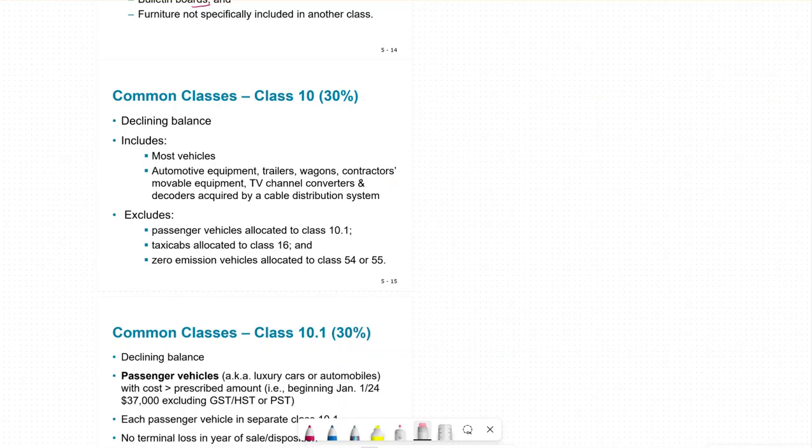If excluded, they go under class 10.1, and that is also 30%. If you own a taxi cab, then your asset will go under class 16. Any zero emission vehicle will go under class 54 or 55.